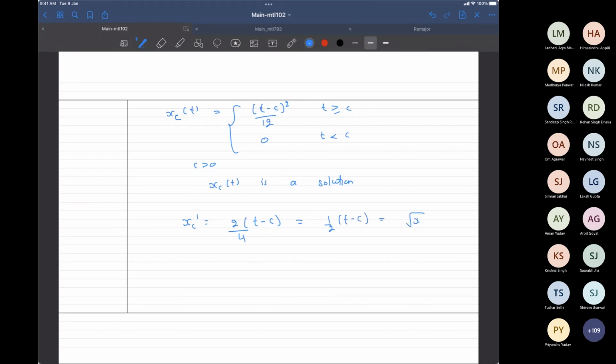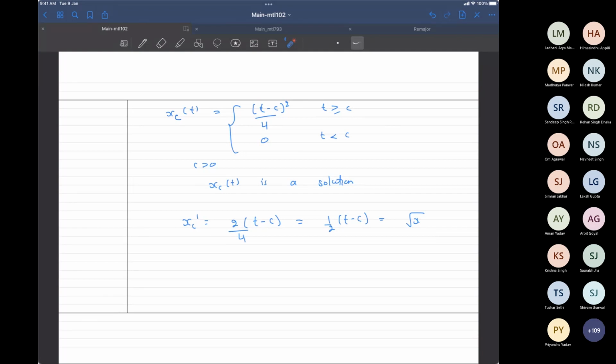So I need to just change it to 4. So this is fine. Okay, so of course note that this t minus c is always positive, so all these things make sense, because this is only defined for t bigger than c.